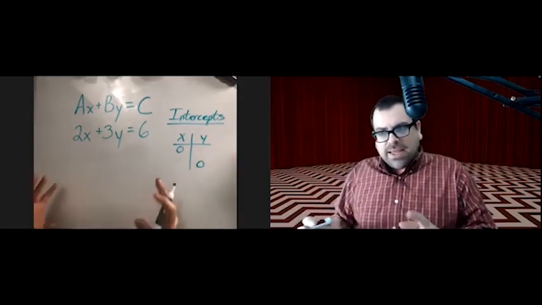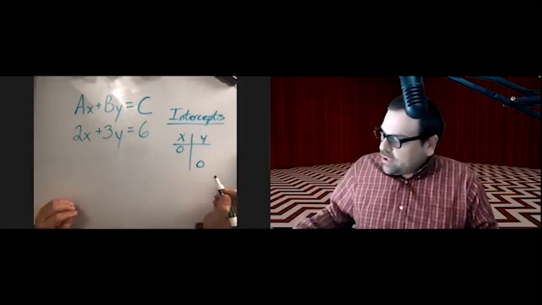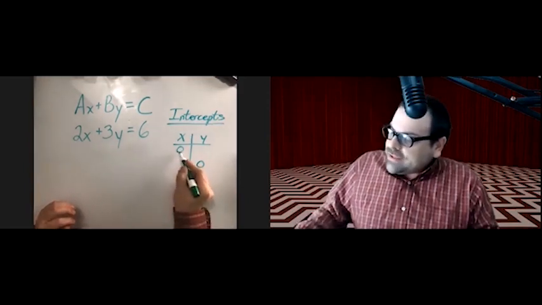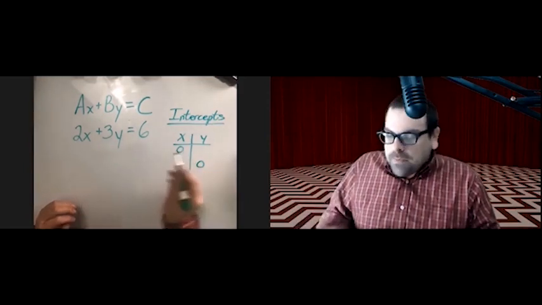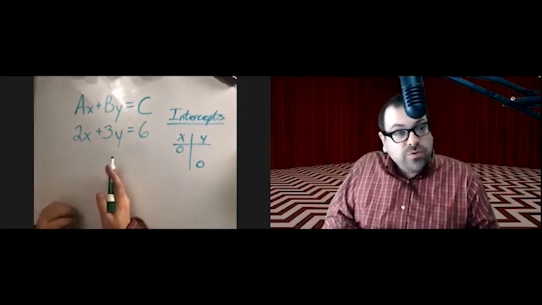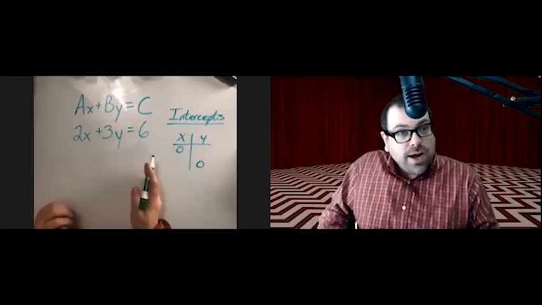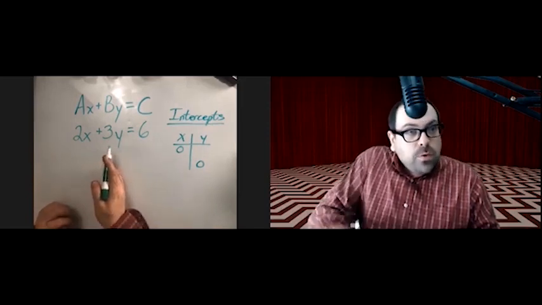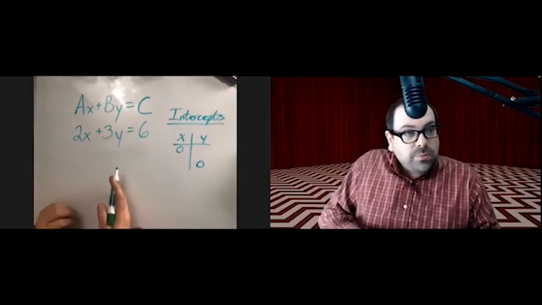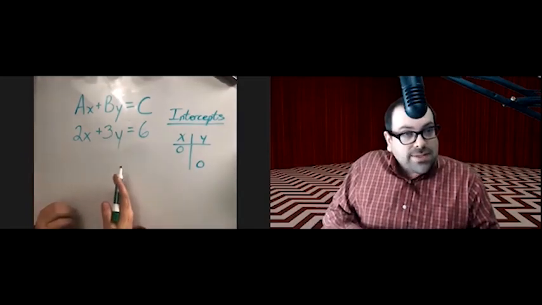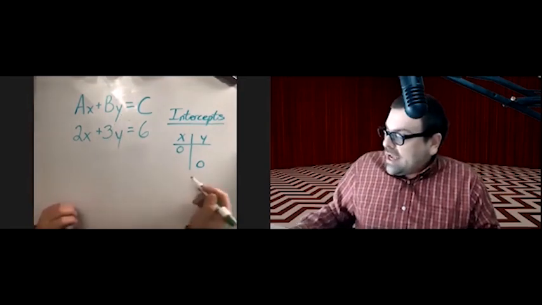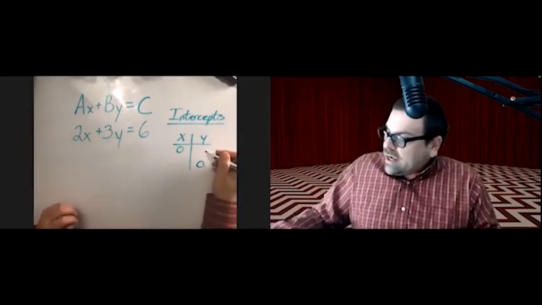And for a line, that gives us 2 points. The one where X is 0 means that we don't move left or right any on the x-axis. We do move up or down along the y-axis, and whatever point that's going to be, it's going to cross the y-axis. It is the y-intercept.